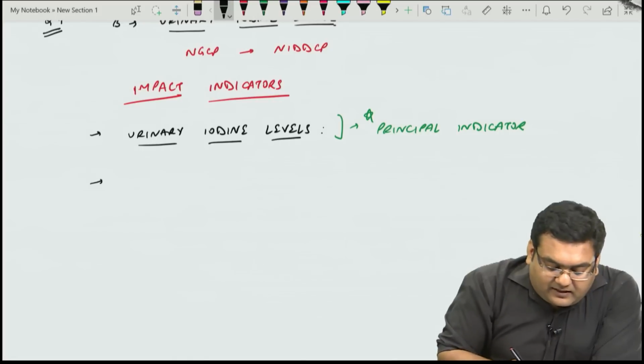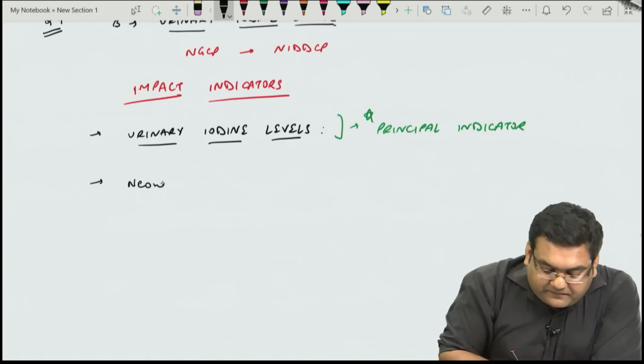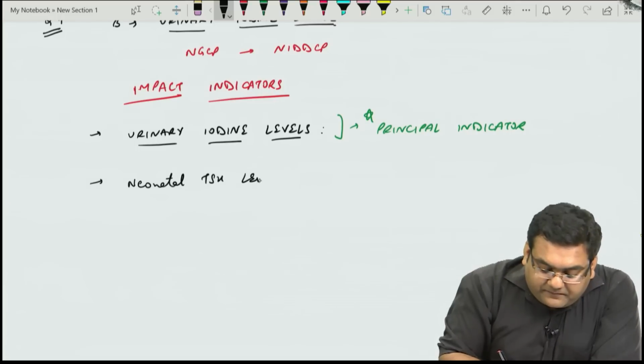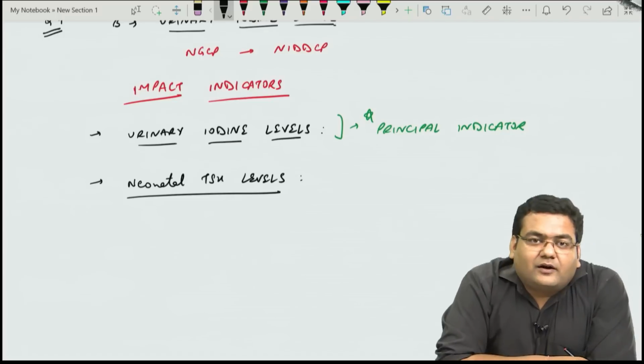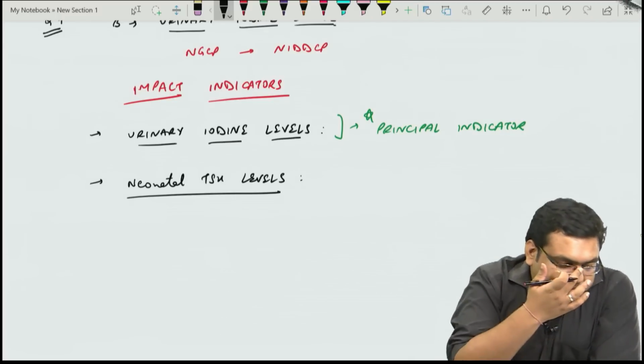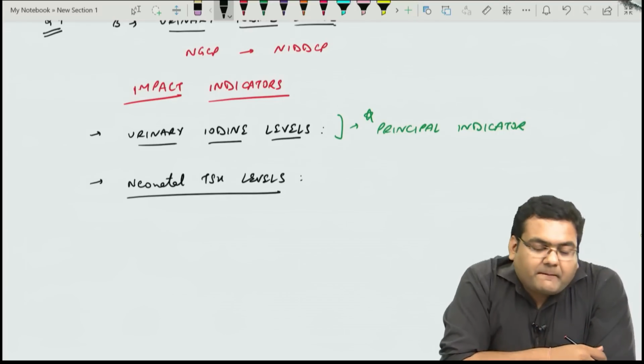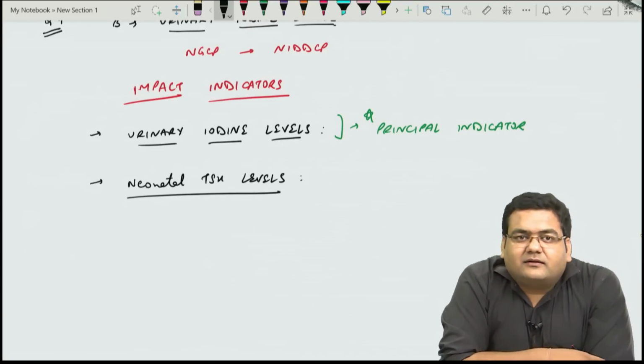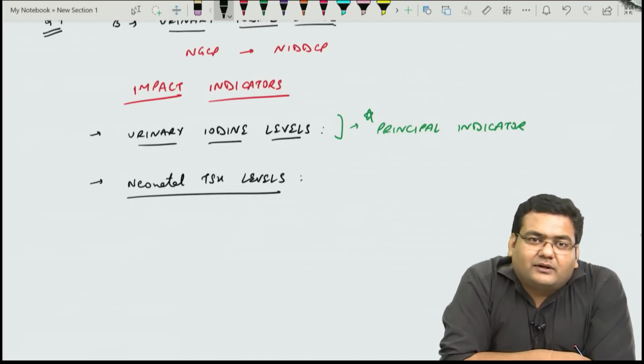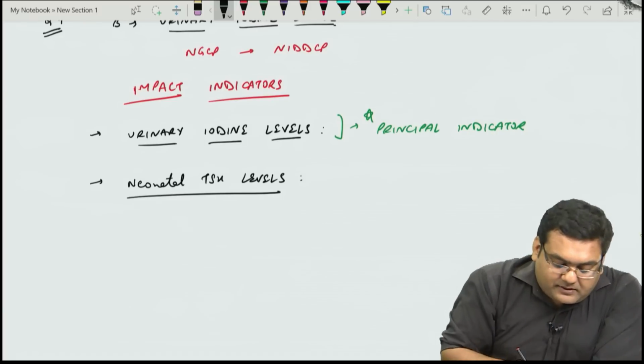Second indicator is your neonatal thyroid hormone levels. In countries where the screening program of neonatal hypothyroidism is running, as in India, neonatal TSH levels also helps in finding whether the program is running efficiently or not.